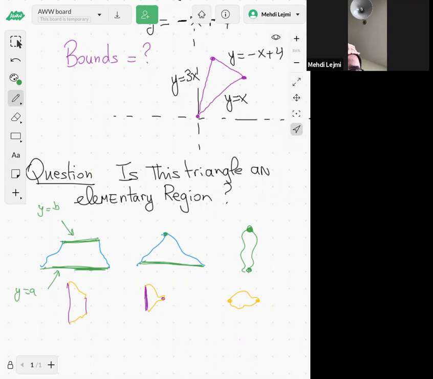So here would be y equals a, and the point's y coordinate would be y equals b. Or here y equals a, and here y equals b, connected by the graphs of two functions. So this is x equals some function of y, and this is x equals some other function of y.